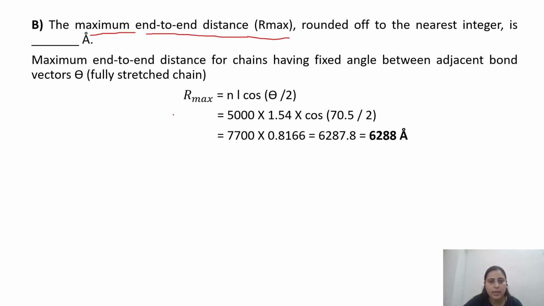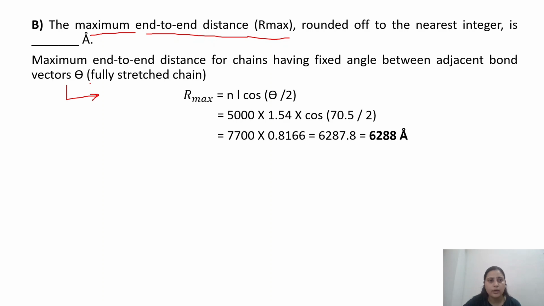This formula was already discussed in the lecture slides. The maximum end-to-end distance for chains having a fixed angle theta between adjacent bond vectors is given by this formula, and it applies to the fully stretched chain.